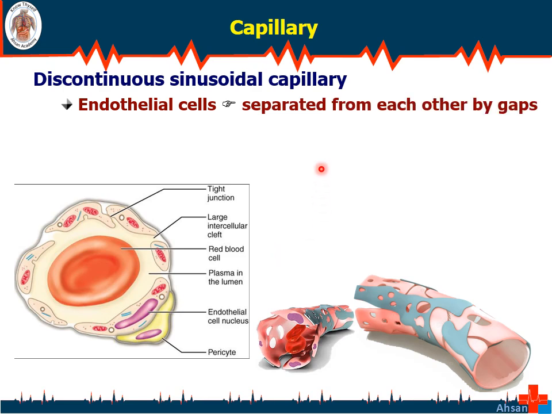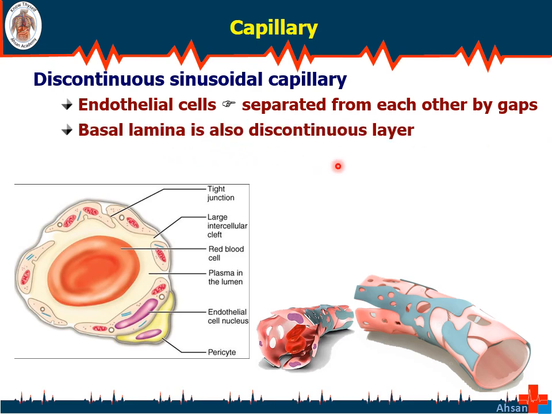The endothelial cells are separated from each other by gaps, and the basal lamella is also not continuous. It is interrupted over the gaps also. That's why the leakage is very uncontrolled, and easily plasma, even cellular content, can come out and get back.